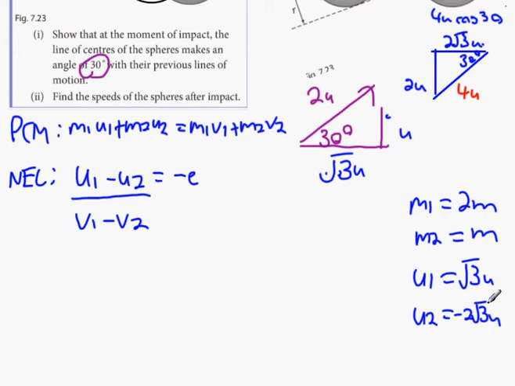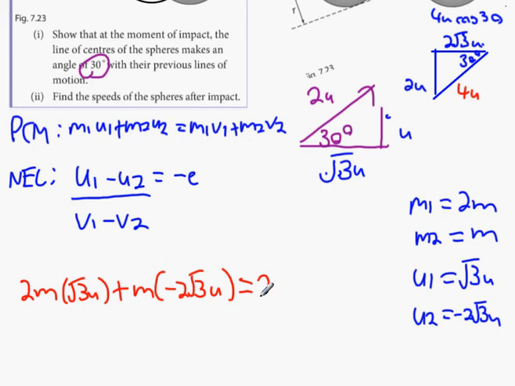Now let's start with PCM. That's m1, which is 2m, times u1, which is root 3u, plus m2, which is m times minus 2 root 3u. They cancel each other. The next side is 2mv1 plus mv2. Cancel all the m's.